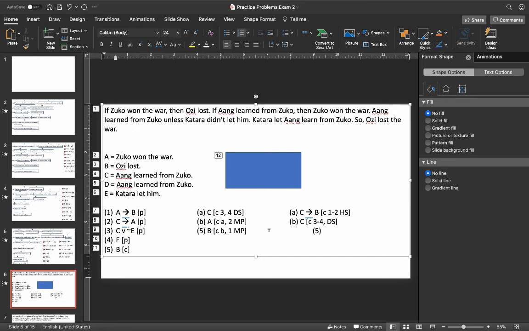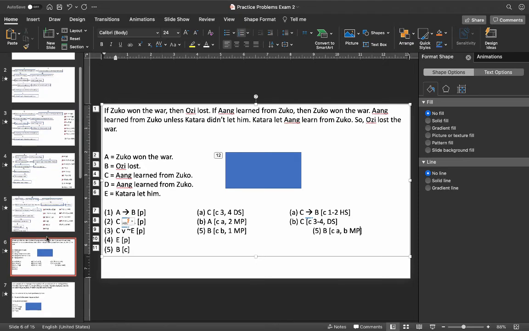Why? Because I know C here, and I know up here that C gives me B. So I can conclude B as a conclusion from A and B. Okay, that's just another way to do the same problem. All right, let's move on to the next one.